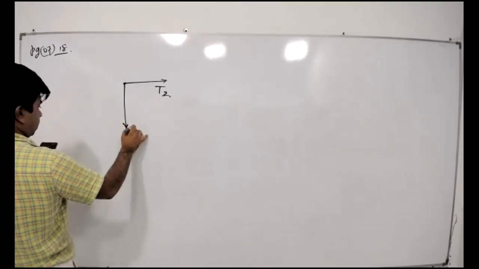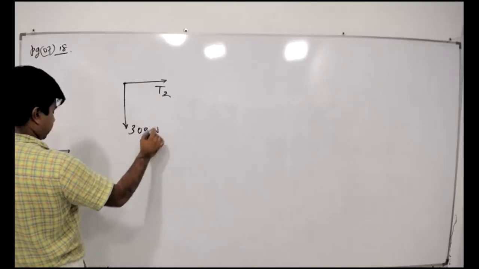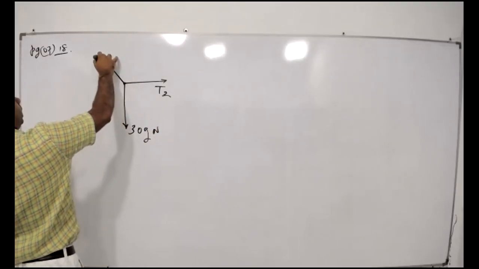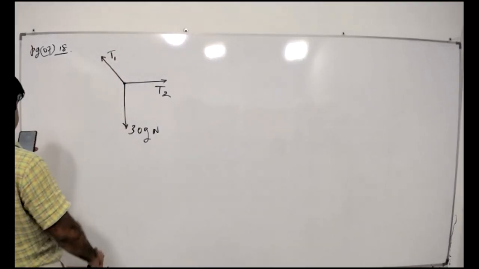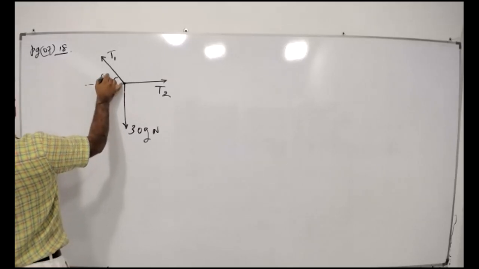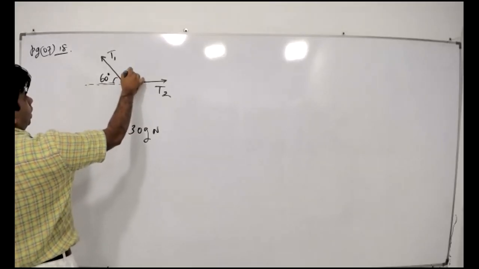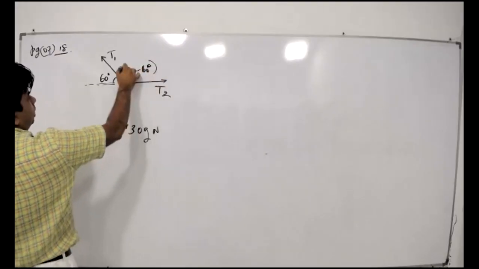Here 30 g newtons, and this is T1. So you know that actually this angle is 60 degrees, that means this is 180 minus 60. If you could write like this, it will be easy.